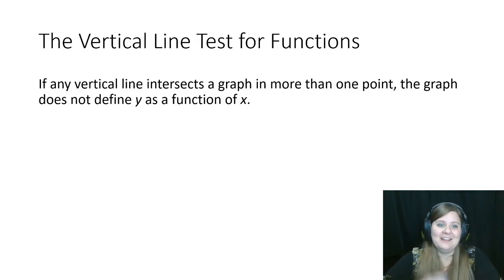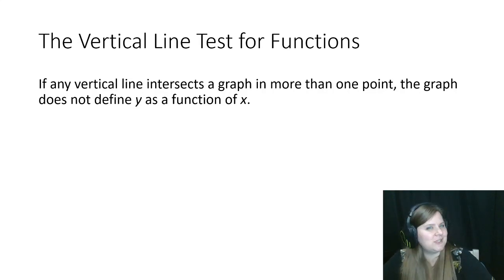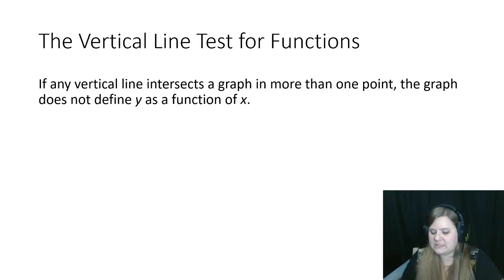Okay? Now, let's talk about how to tell if something is a function if we look at it on a graph. So if we use the vertical line test for graphs, it's just an easier way for us to think about using the points. So previously we said for every input, there's only one output.